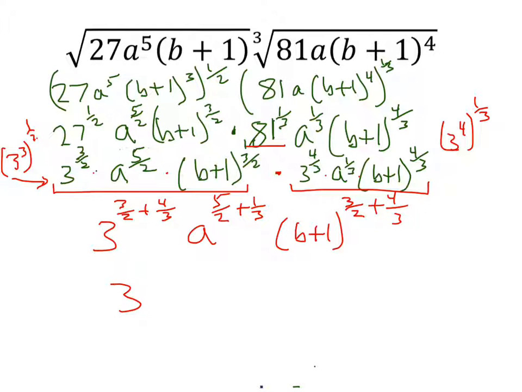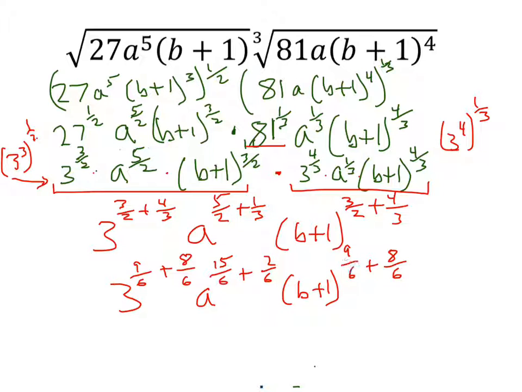For the 3, we need to get 6 as our common denominator. So this is 9/6 plus 8/6. And then our a's, let's get common denominators. That's going to give us 15/6 plus 2/6. And then our common denominators on our b plus 1 look about like this.